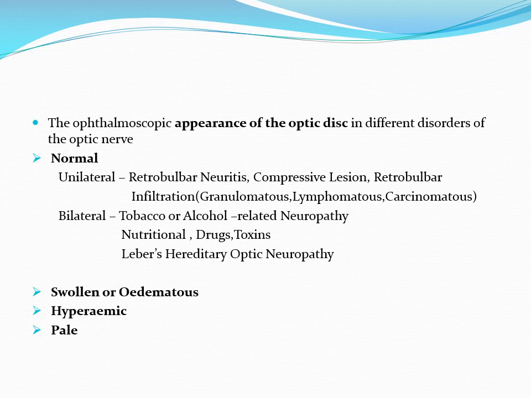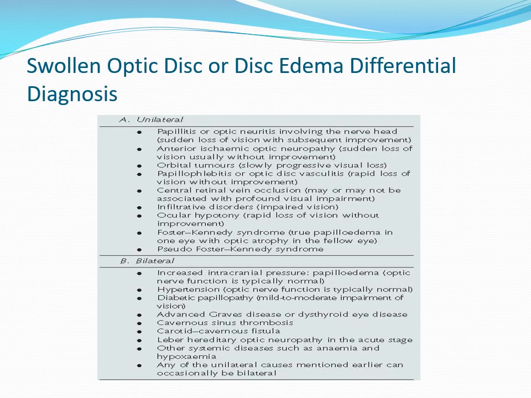Or depending on the appearance, a swollen or edematous disc will have its own differential diagnosis, a hyperemic disc will have its own differential diagnosis, or a pale optic disc will have its own differential diagnosis, which we will see when those respective conditions are discussed.